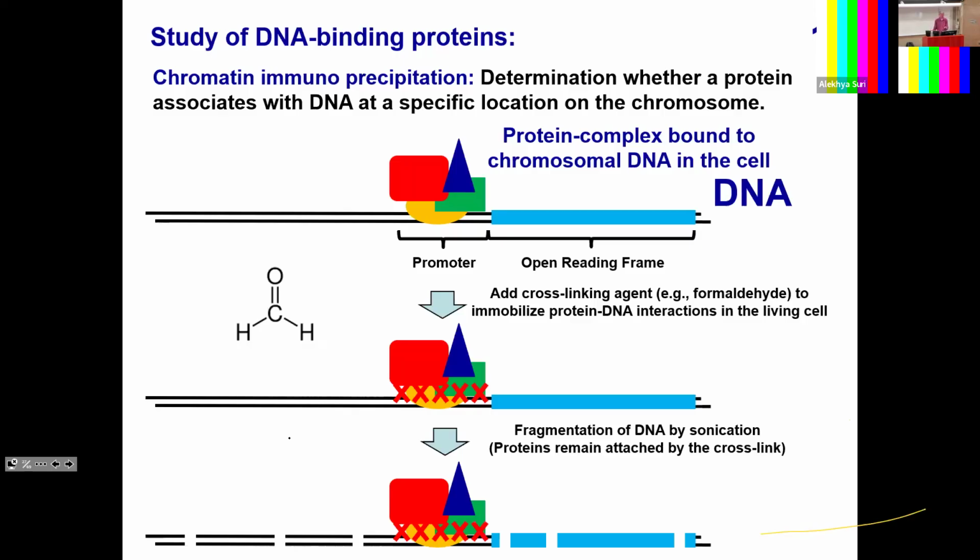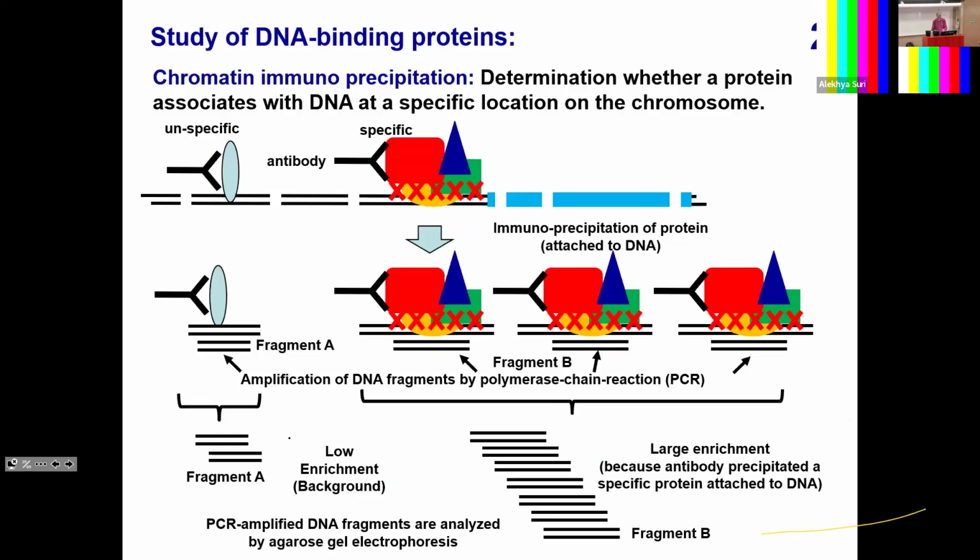And so now in the second part, this allows you to identify the specific DNA fragment that's bound by the protein you want to study. So at the top, you would add an antibody that identifies a specific protein.